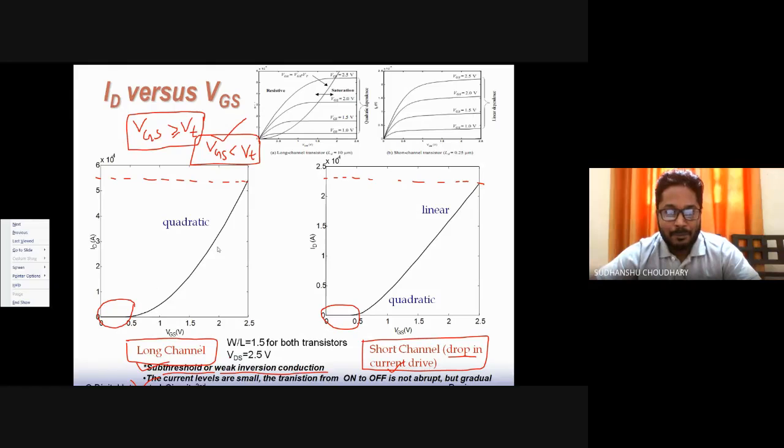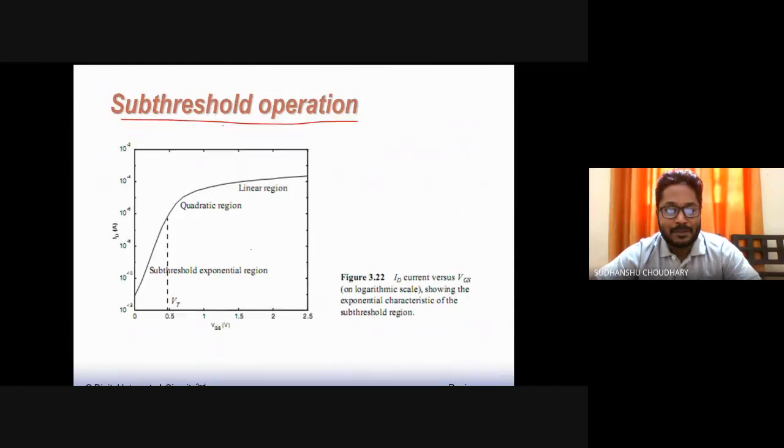But if you plot the same IV characteristic in logarithmic scale, which is being done over here, with ID plotted in logarithmic scale, you will notice that in this region the current increases exponentially, below the threshold voltage. However, the current levels are of course very small.